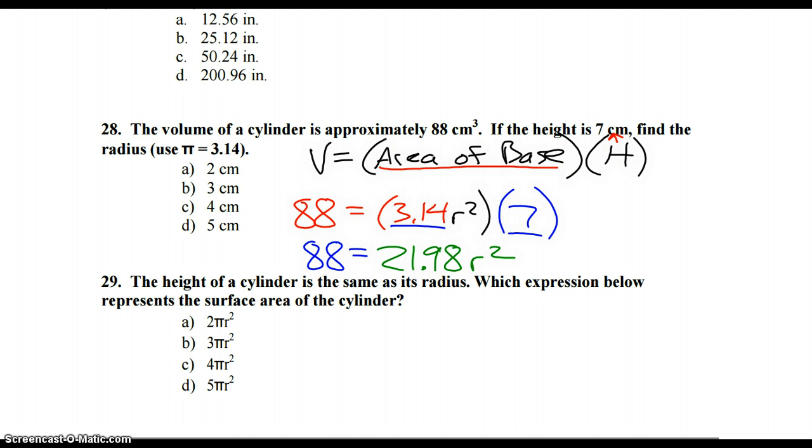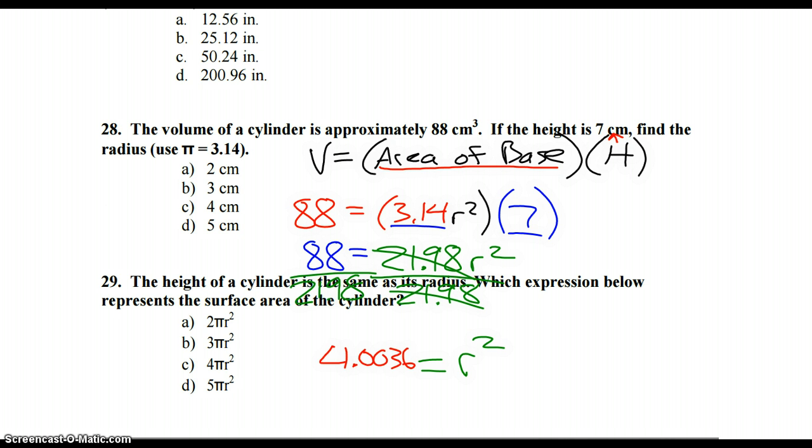Then I'm going to divide both sides by that 21.98. And then I'm going to be left with r to the second equals something. So we'll do 88 divided by 21.98. And we get 4.0036 about.